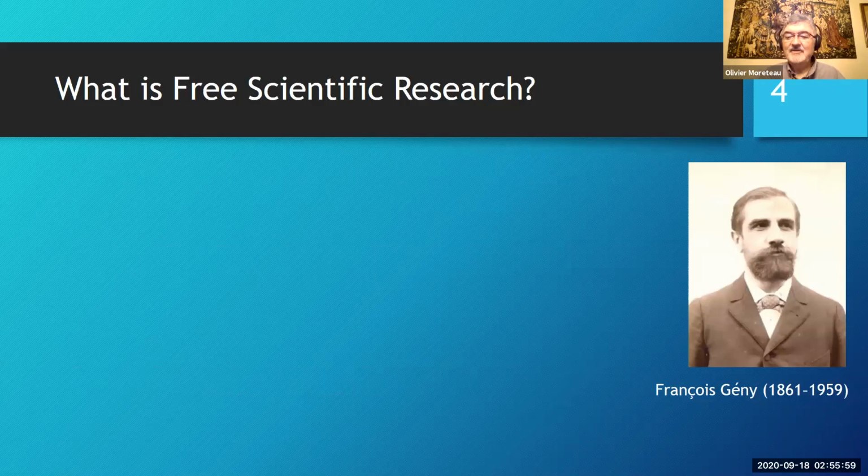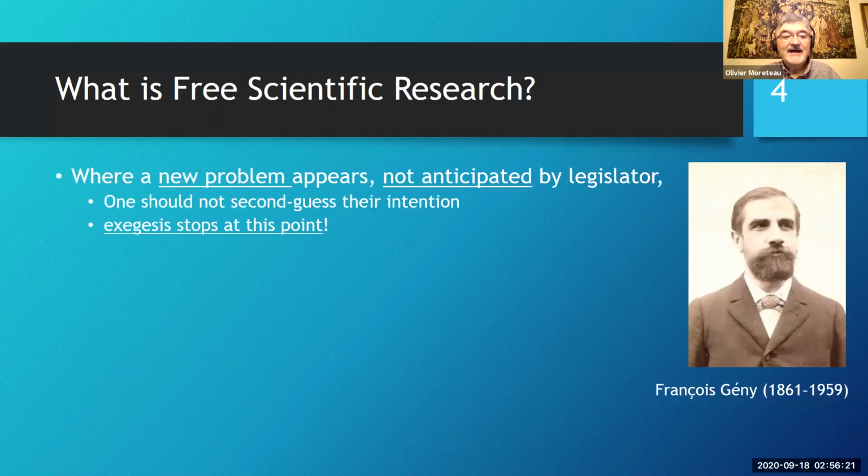You see here a portrait of a man that appeared on my slides about gaps and lacunae in the law, François Geny, who wrote Methods of Interpretation and Sources of Private Positive Law at the turn of the 19th and 20th century. And Geny said that when a new problem appears, a problem that has not been anticipated by the legislator, you should not second guess their intent.